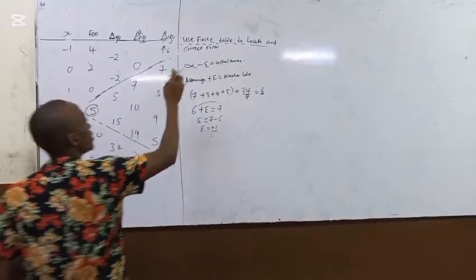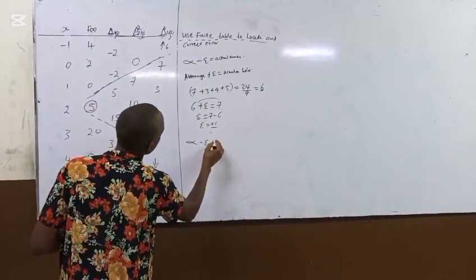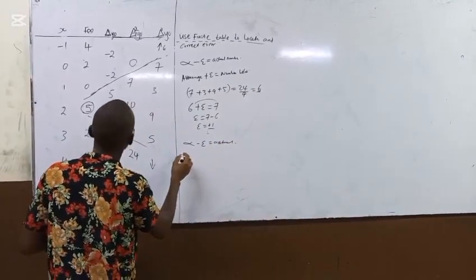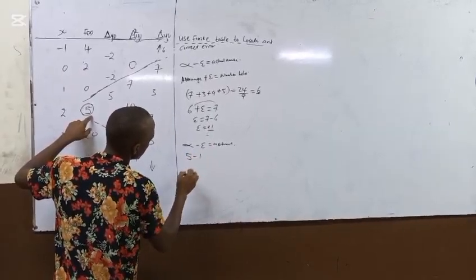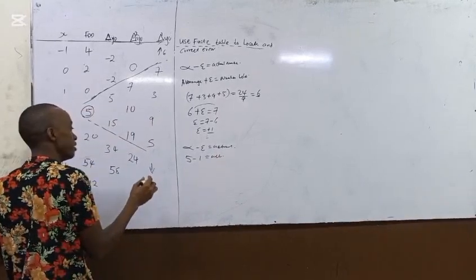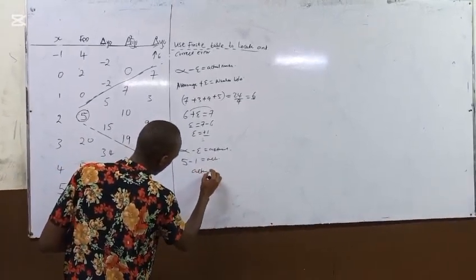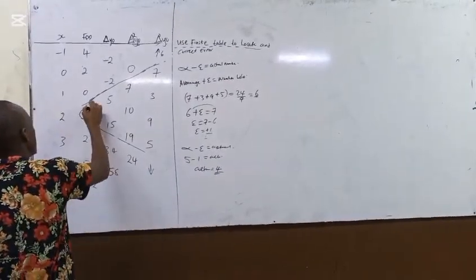So again, apply this formula: alpha minus error is equal to actual number. So that alpha, which is 5, minus error, which is 1, is equal to the actual number. And the actual number is 4. So here we have 4.